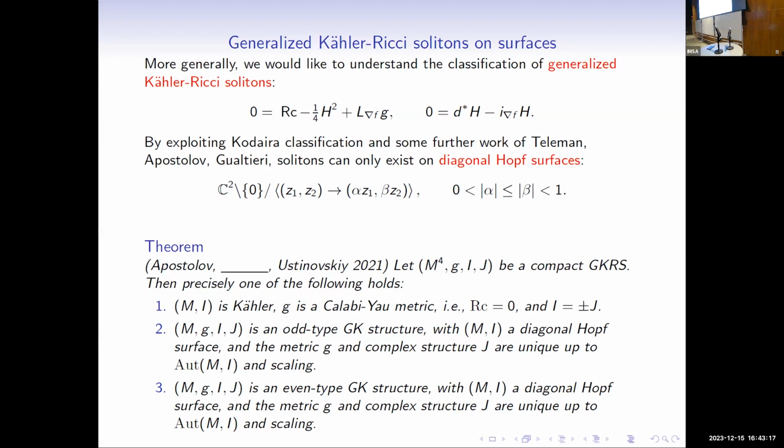And what's even more amazing is that the metrics in case 2 and 3 are actually the same. For every choice of parameters alpha and beta, there's this one metric which is generalized Kähler in 2 ways, so it's actually compatible with 3 complex structures. And that's also what's happening on the Hopf surface, I mean the standard Hopf surface.